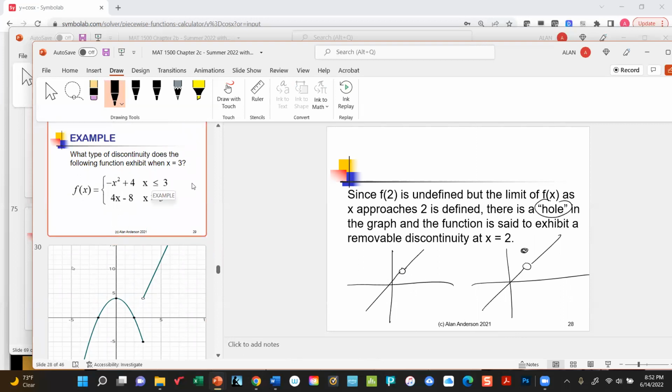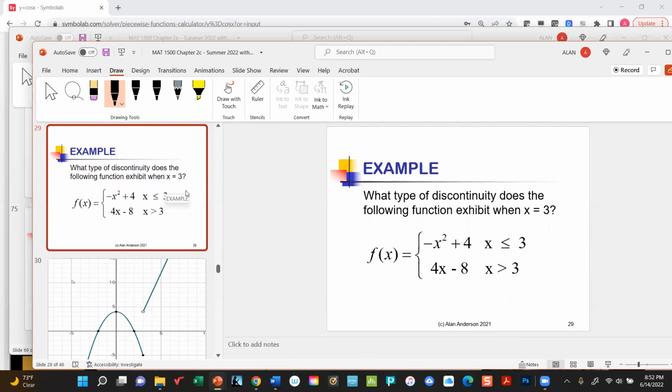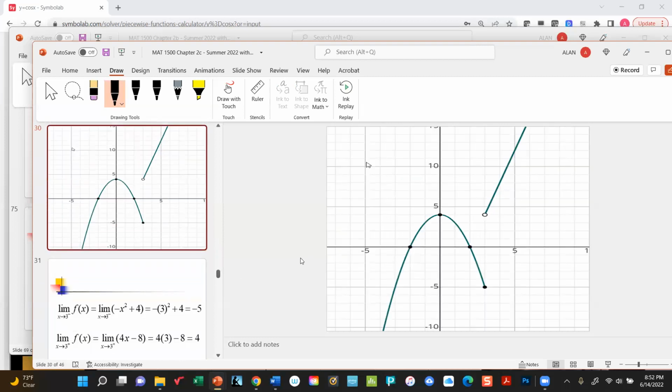All right, now, our favorite, the piecewise function. So what happens here when x equals 3? Well, we don't have to worry about division by 0. The problem, though, is that if you look at this graph, you can see there's a problem here because when x approaches 3, the limit as x approaches 3 from the left is 5. Actually, let me try that again where there's more space.